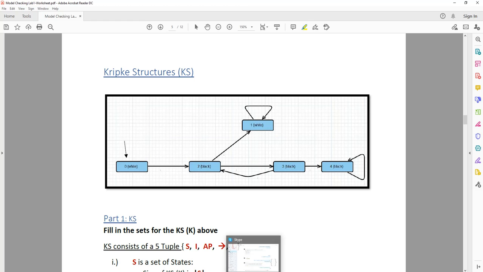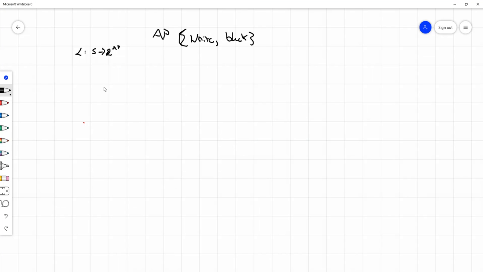Again, we have 2 to the power of 2 atomic propositions. So in our power set, we have 4 possibilities. Our power set is basically all the combinations we can possibly have. Think of a power set as the set of all sets we can possibly have.